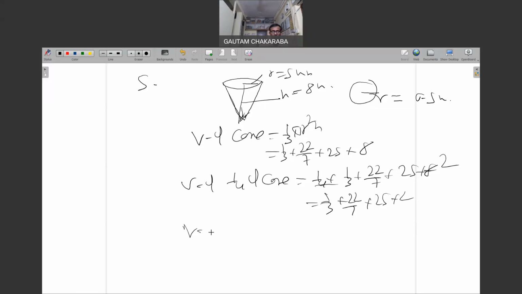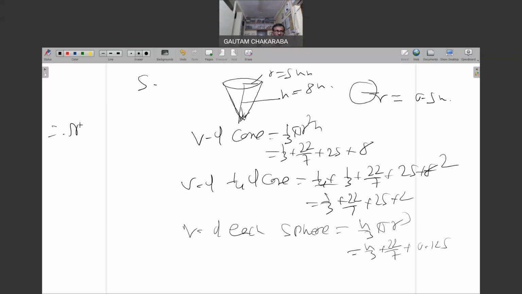So volume of each sphere is equal to 4 by 3 pi r cube: 22 by 7, r is 0.5 cube, this means 0.125.